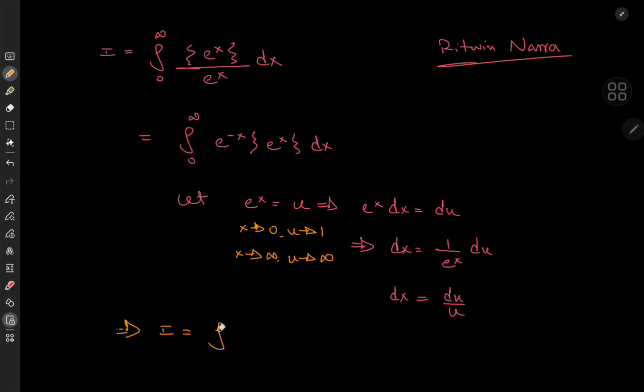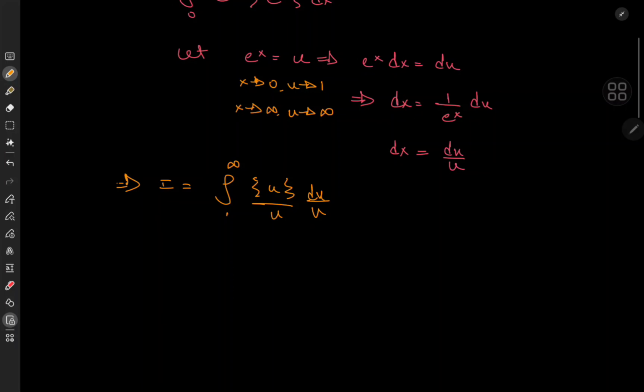This is now the integral from 1 to infinity, much better, and the fractional part of e to the x turns into the fractional part of u, and then we have over u, and then we have du over u as well.